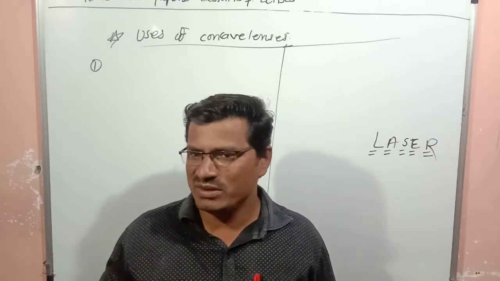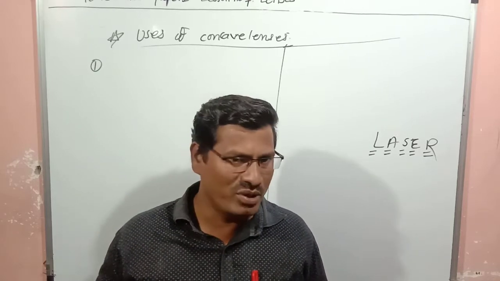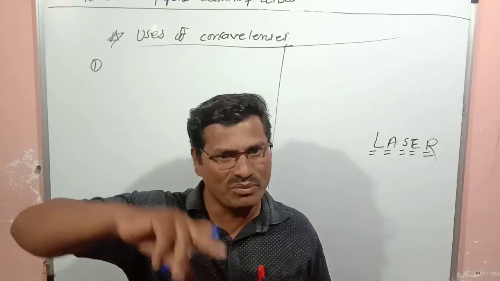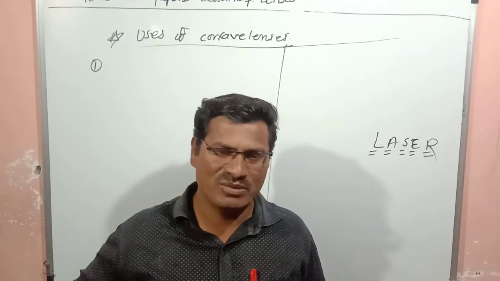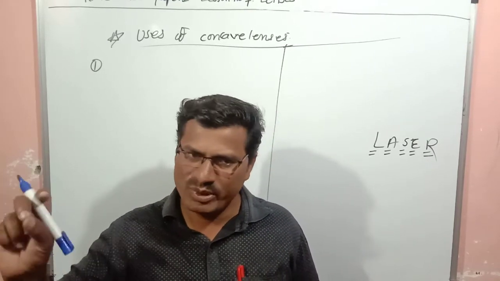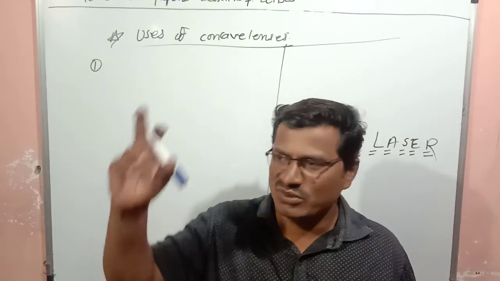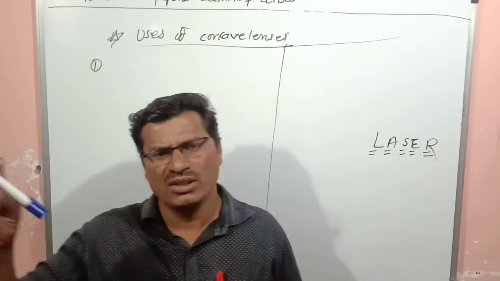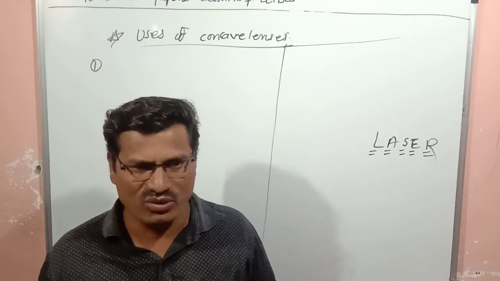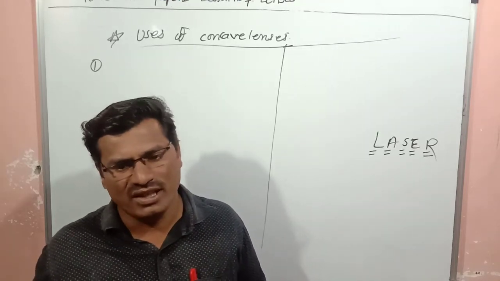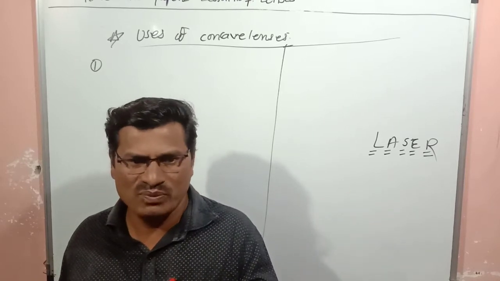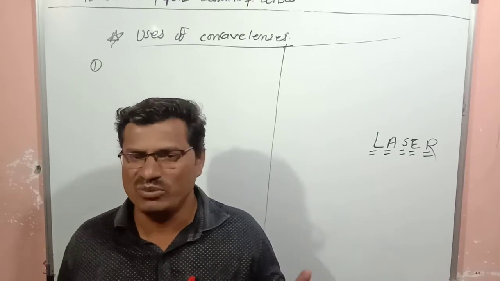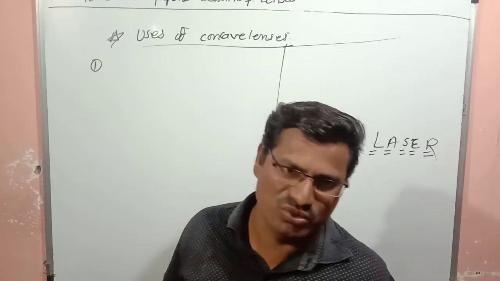You are looking through a smaller hole, but that lens will cover a maximum area. If any person, any thief, is coming from outside, you can see that person as a whole through the peephole. So it is used to see outside from the peephole of the door.